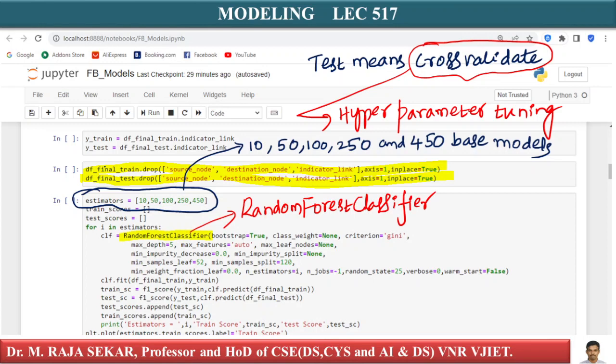Because we know that random forest classifier typically tends to work well when you have a reasonable number of features, not too many features, and when we want to take care of non-linearities automatically.